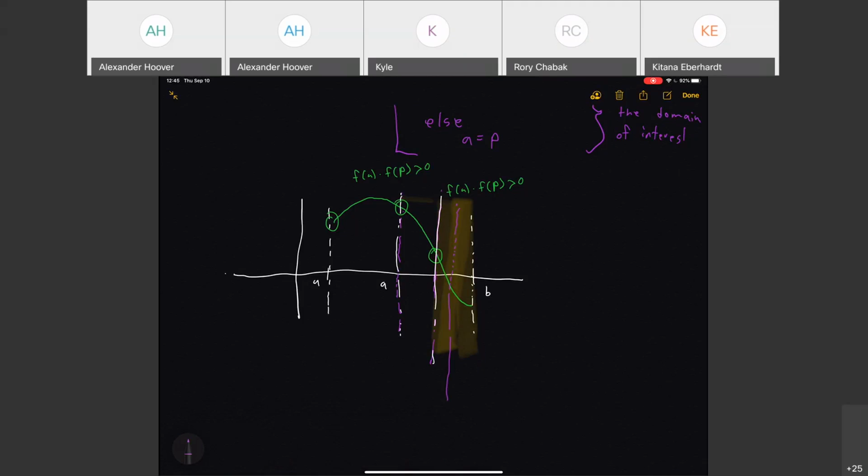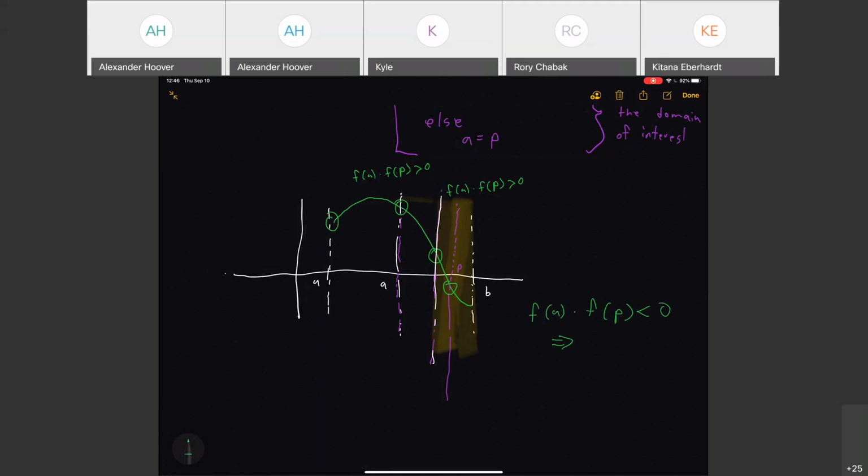Since this example is landing us nicely, for our new midpoint we see that f of A times f of P will be less than 0.